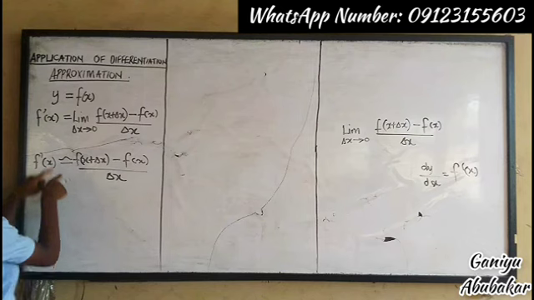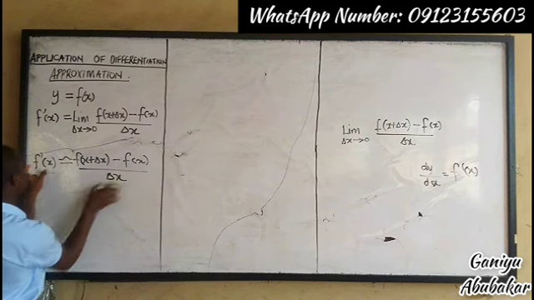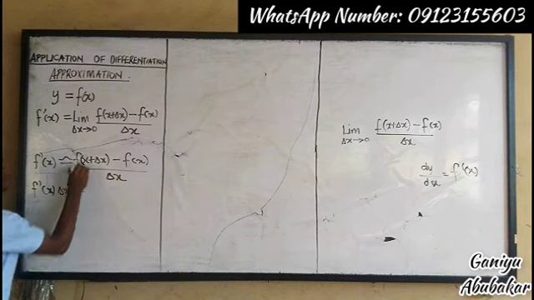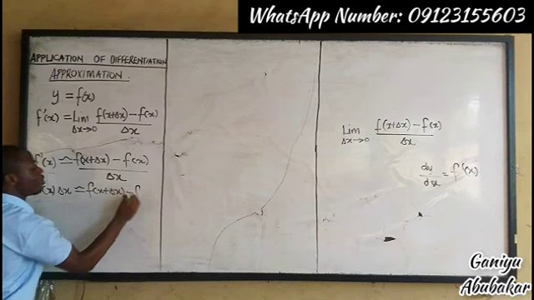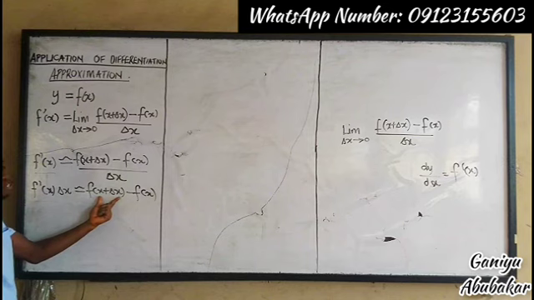So if this was equal to, of course, we can cross multiply. I'll multiply this by this. So I'll have f prime of x times change in x approximately equal to f of x plus change in x minus f of x. My next task is to make f of x plus change in x the subject of the formula.